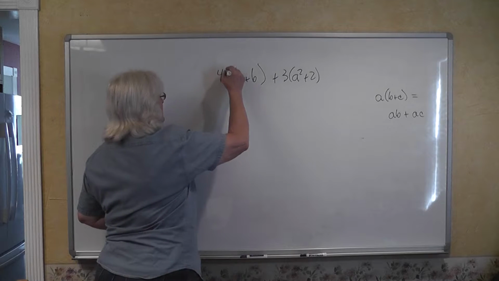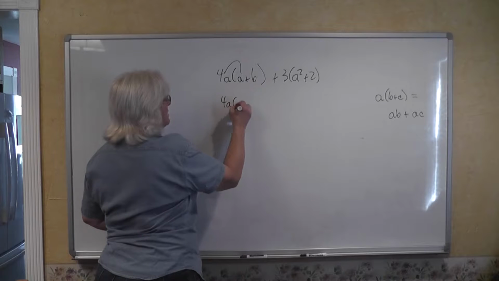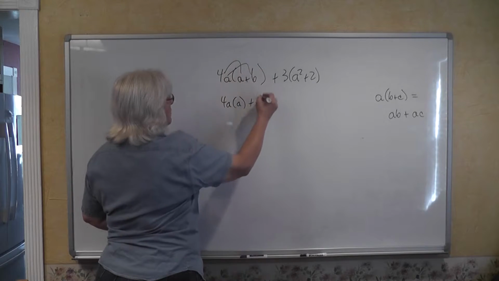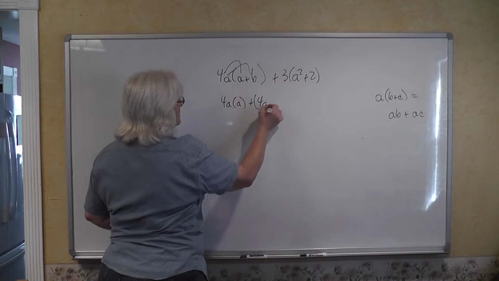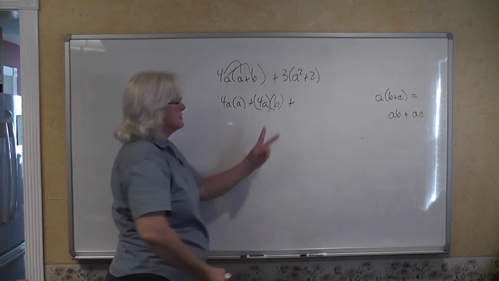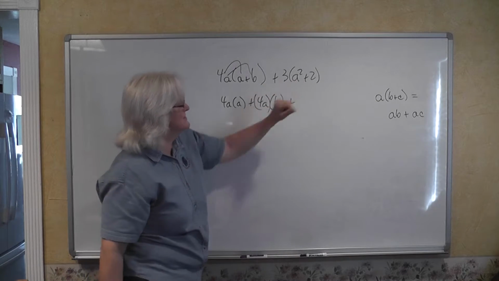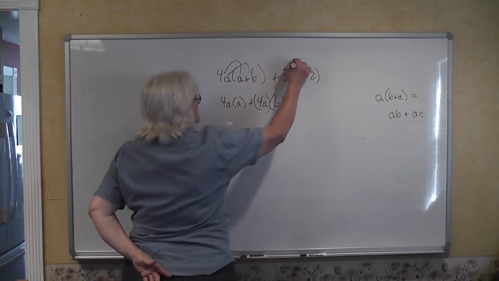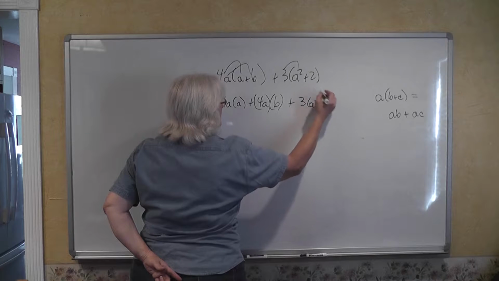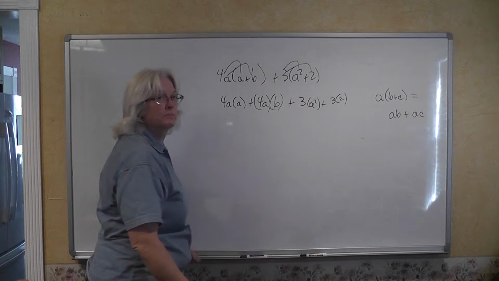We're just going to take the outside and multiply it with the inside, so that becomes 4a times a plus 4a times b. Same thing here. We're going to multiply that 3 against both of these terms inside the parentheses. 3 times a squared plus 3 times 2.